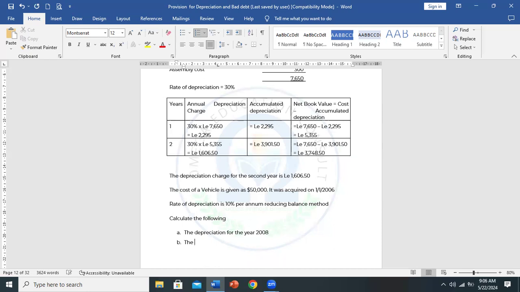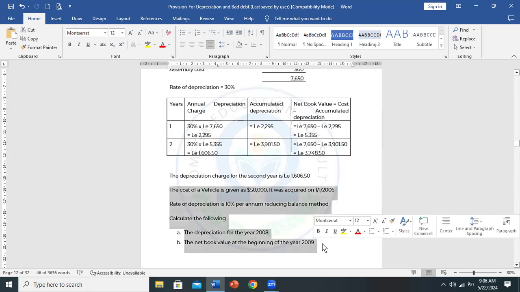B, the net book value at the beginning of the year 2009. Okay, so ladies and gentlemen, have a bite at this short and simple question, I believe. We have 5 minutes to do this. So your clock is ticking. Start work.